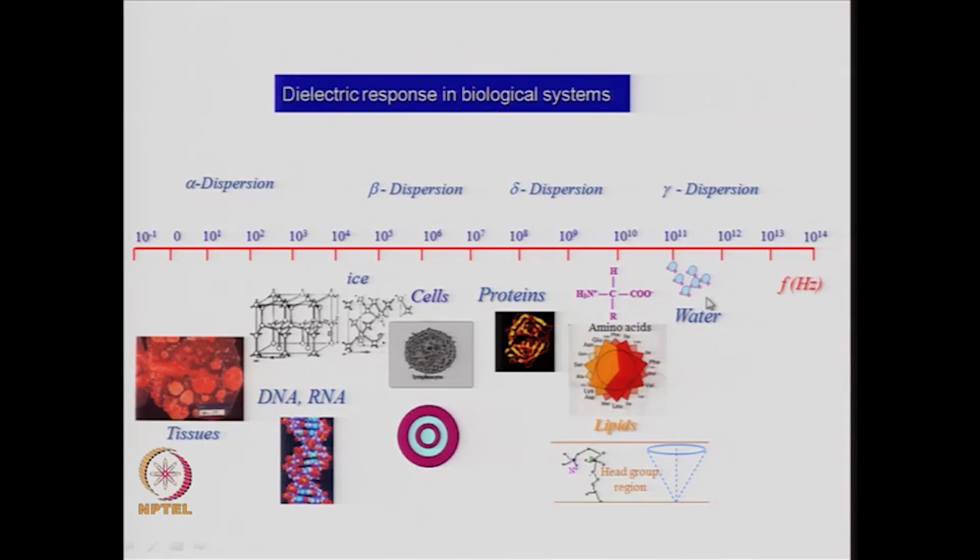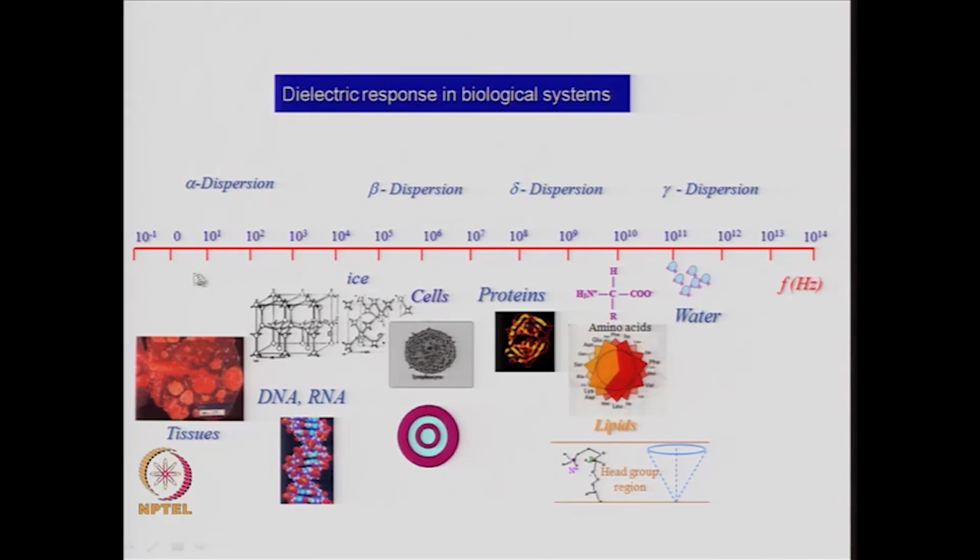So, in water, where the polarization is fast enough, the dispersion can be seen at 10 to the power 11 hertz, whereas in a tissue that frequency has to be very low, say around 0 to 10, so at 10 hertz, whereas in DNA and RNA it is around 1000 hertz.